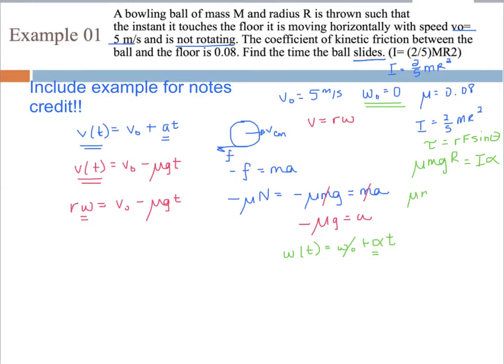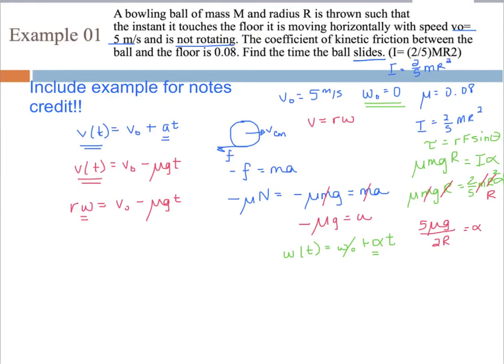With all my substitutions, I can put in 2 over 5 mr squared and leave alpha there for now. The masses will cancel out, and one of the r's also cancels out. You're left with 5 mu g over 2 r is equal to alpha.